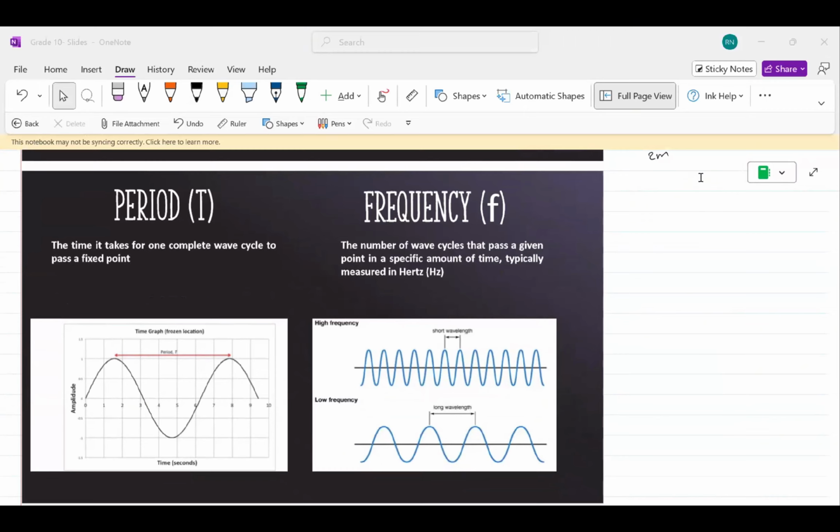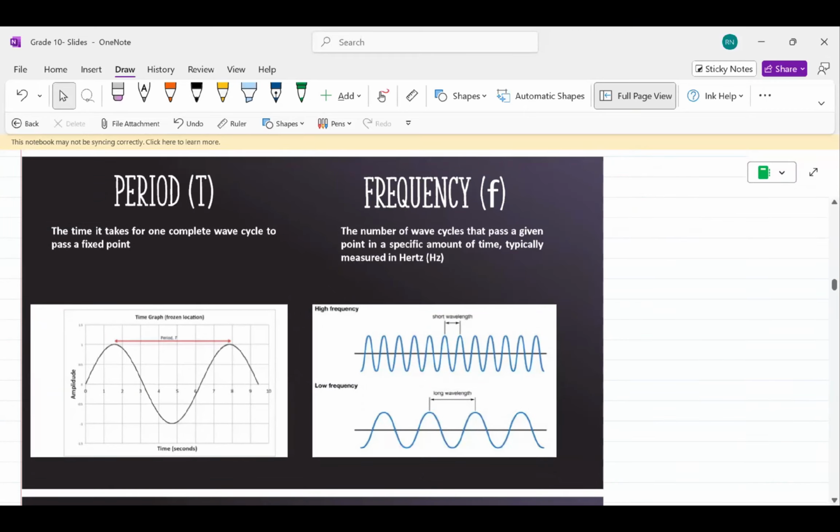So then we have our two first points of calculation. We looked at wavelength, which is something that we may need to calculate, but we also have our period and frequency. Now, our period has the symbol T. I don't want you to get mixed up between T and what the actual unit for a period is.